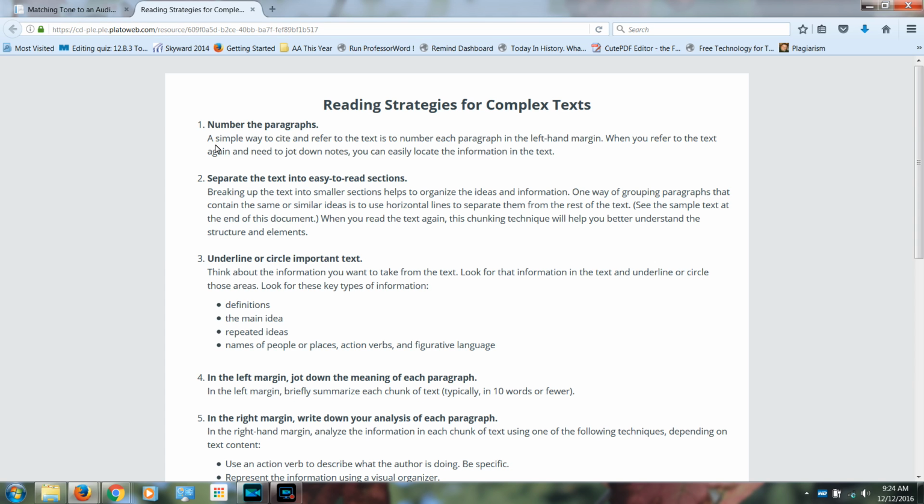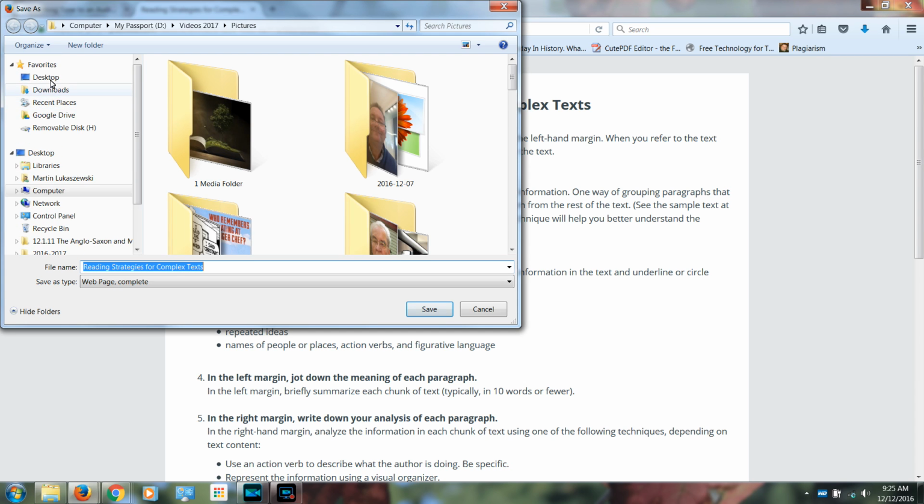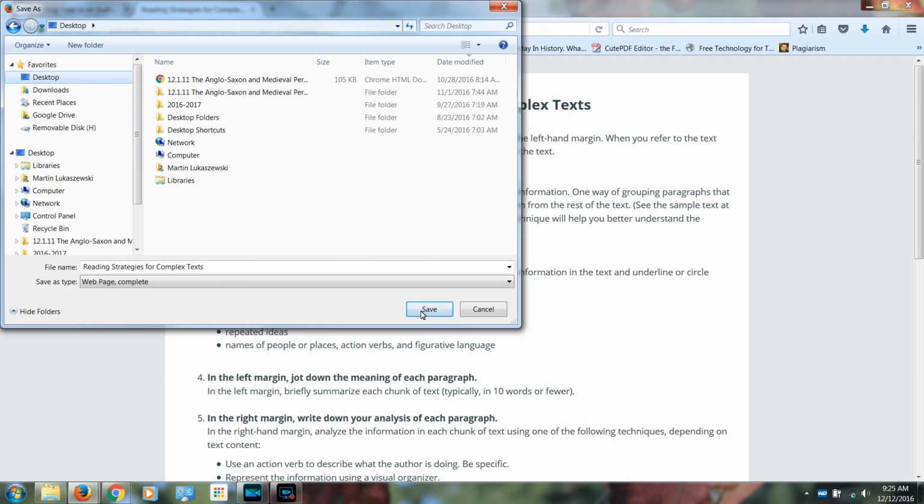Here's a reading strategy. Why is that important? If you're taking notes, by numbering the paragraphs, you can put your notes on a page and say P1, so you know it's in paragraph 1, and you can talk about what it is.